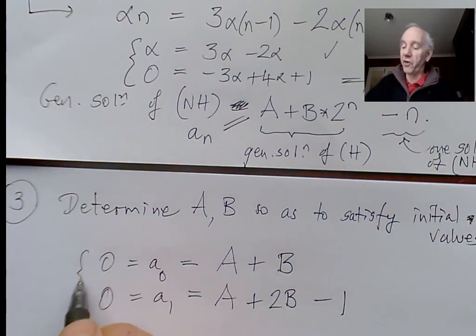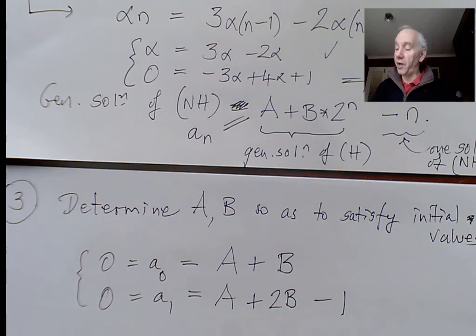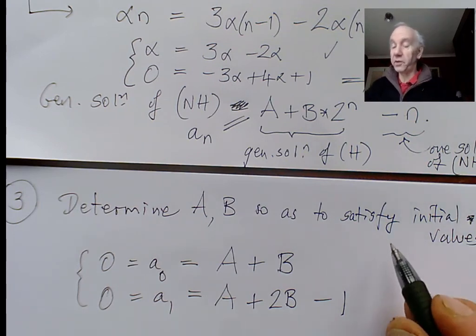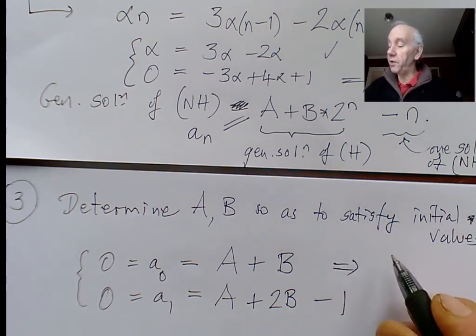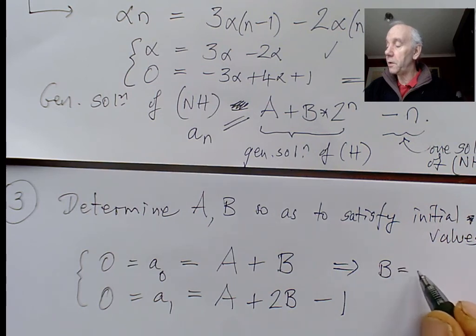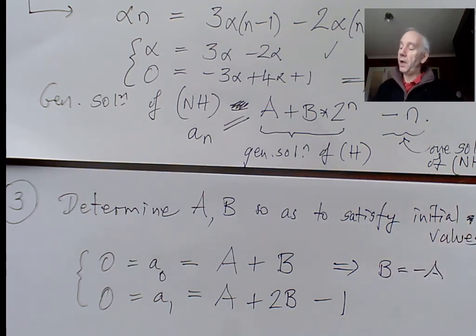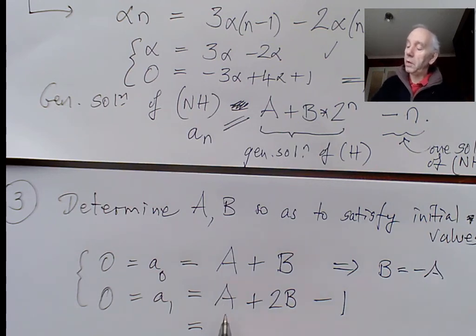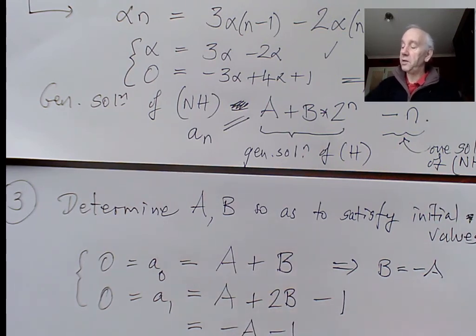So we just have to solve those two equations, fairly easy, I hope. The first one tells us that A is minus B, or B is minus A. Since B is minus A, we now have A minus 2A, that's minus A, minus 1. So that tells us that A is minus 1.